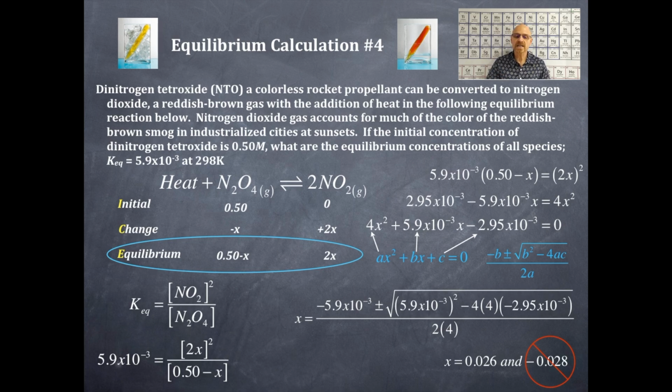Okay, so here is both of those plugged in there as is appropriate. So my dinitrogen tetroxide concentration at equilibrium is going to be 0.47 molar. And my nitrogen dioxide concentration at equilibrium is going to be 0.052 molar.